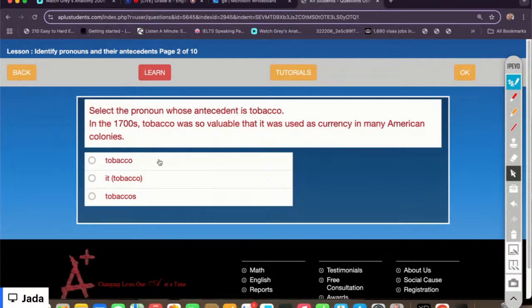So select the pronoun whose antecedent is tobacco.